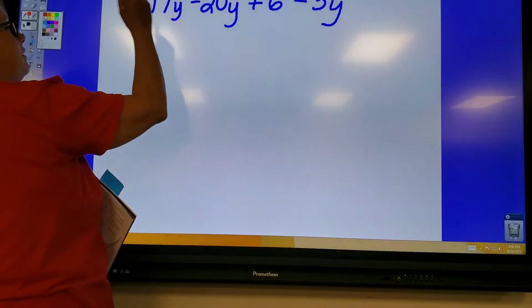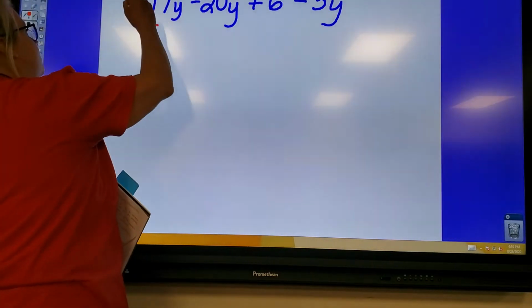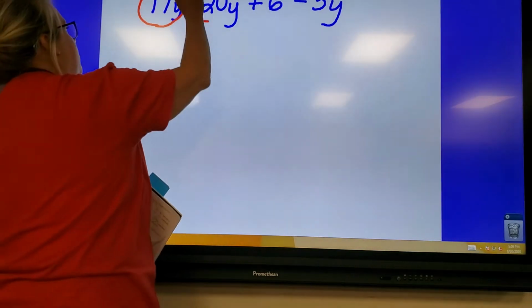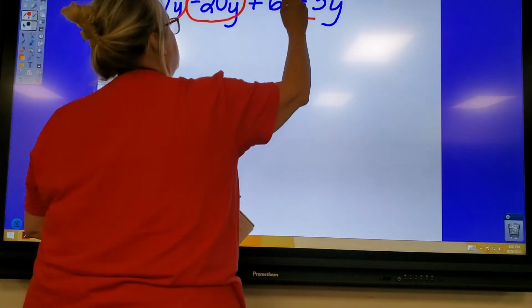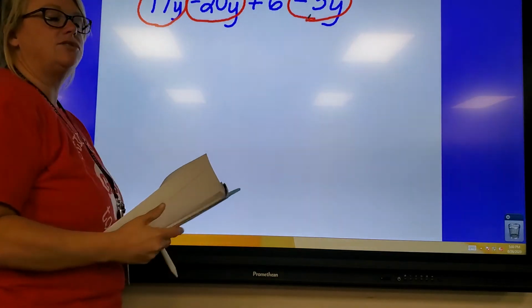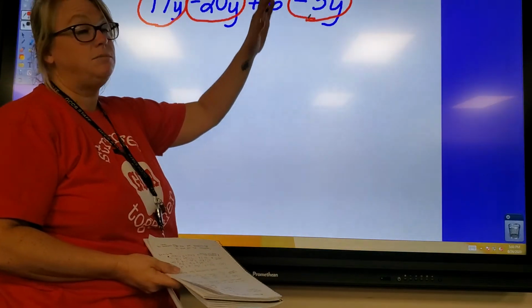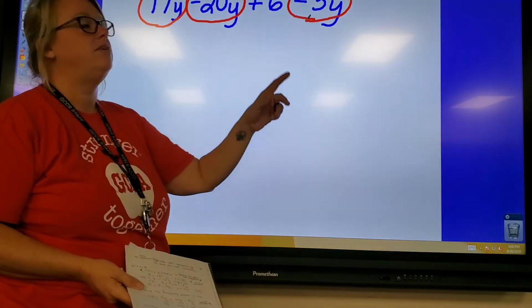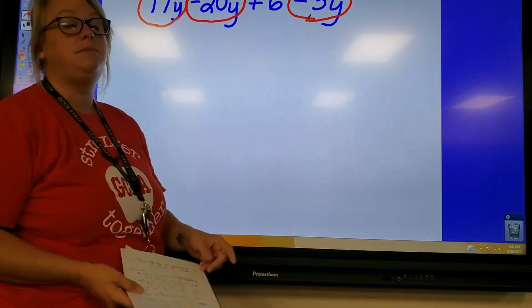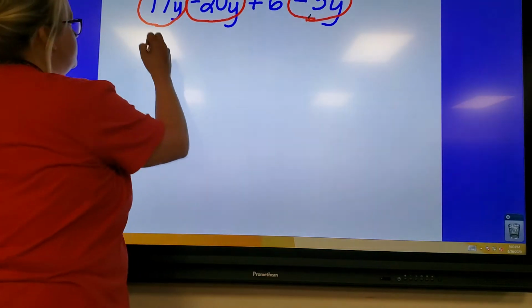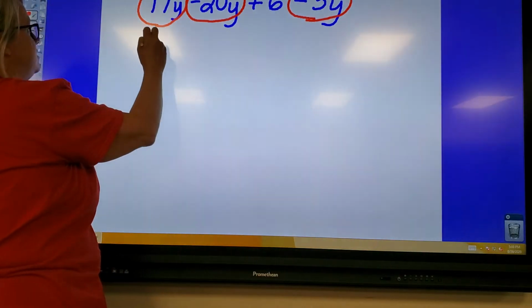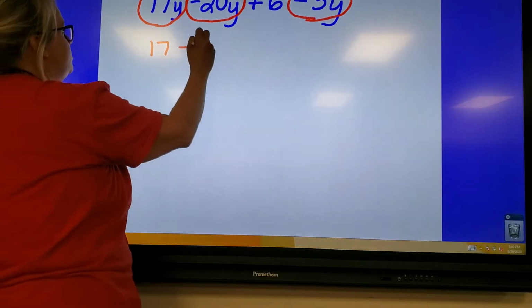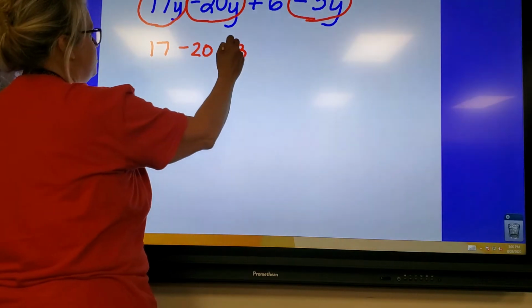I'm going to start with my terms that have the variable. 17y minus 20y minus 3y. Notice when I circle these that I'm including the plus or minus sign that's in front of the number. So that minus sign has to be with the 3. That minus sign there has to be with your 20. That's important. So now my coefficients here are 17 minus 20 minus 3.